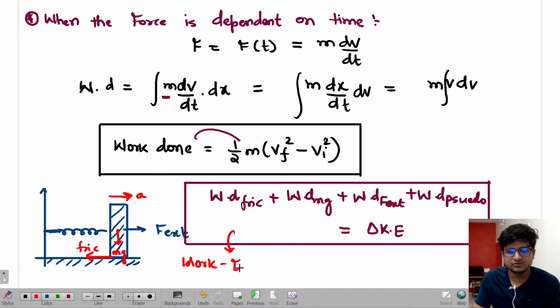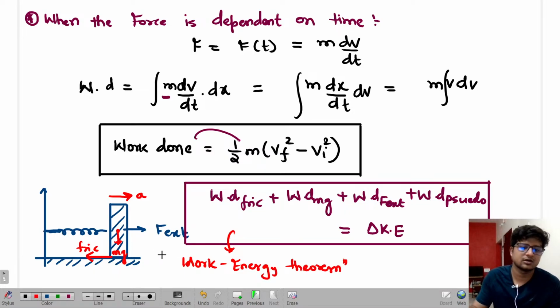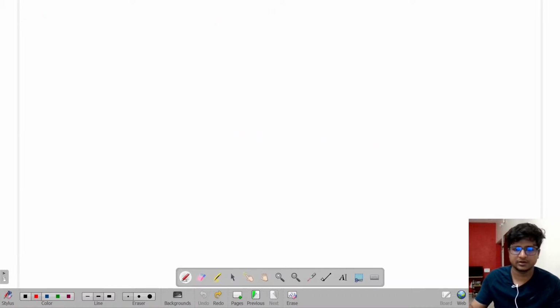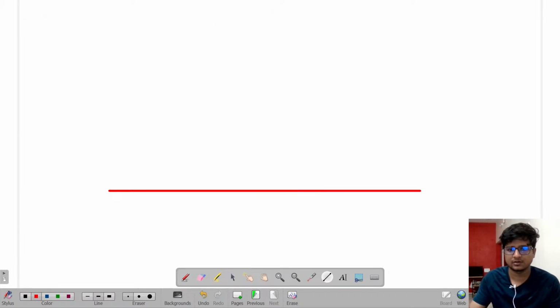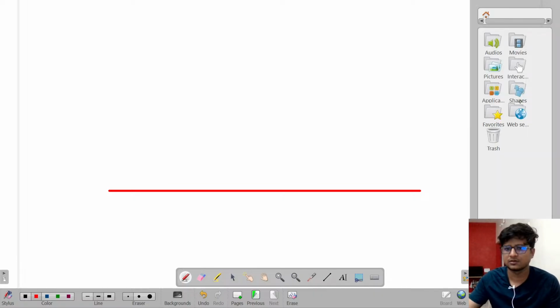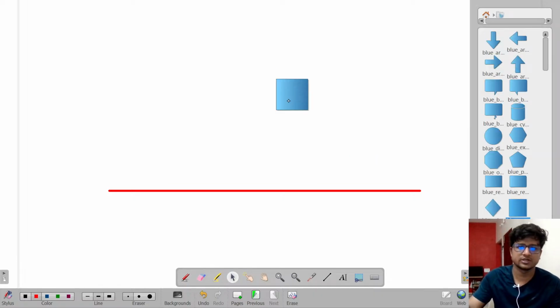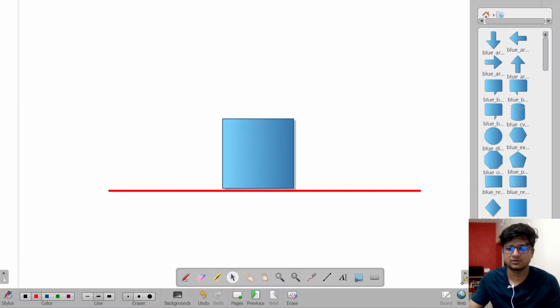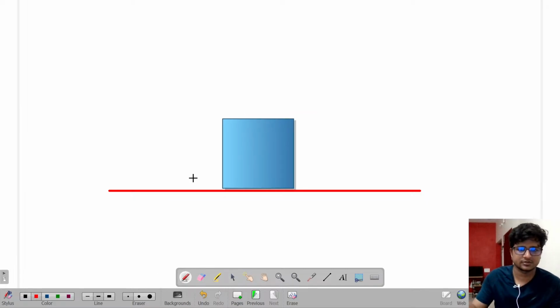Why am I saying it as work energy theorem? Because see, how do you categorize a body on which work has been done? Let's suppose I ask you, how do you understand the work has been done? If there is a horizontal plane, and there is some block placed over here, and someone is trying to push it.